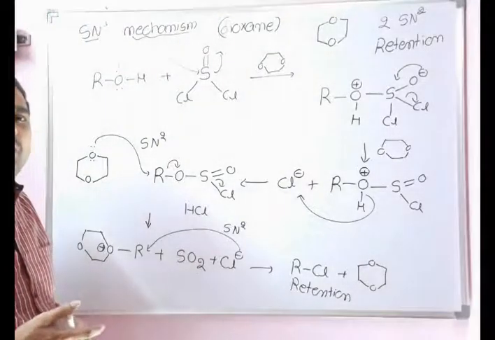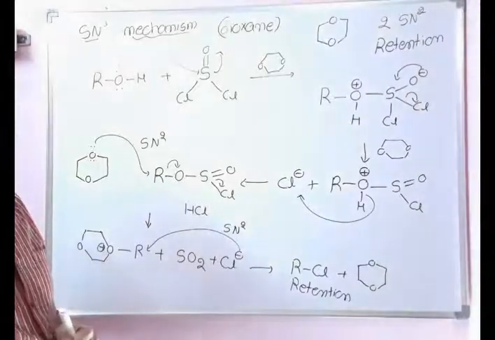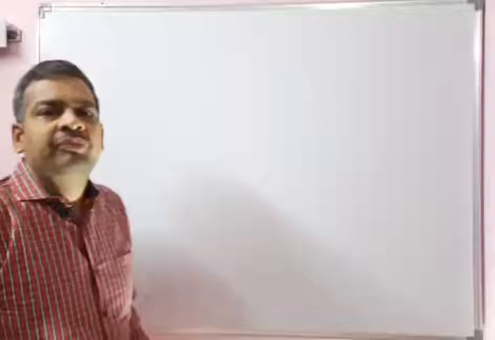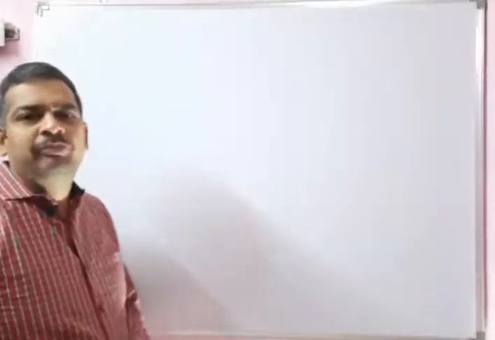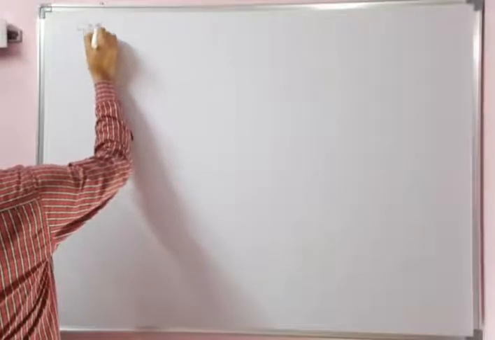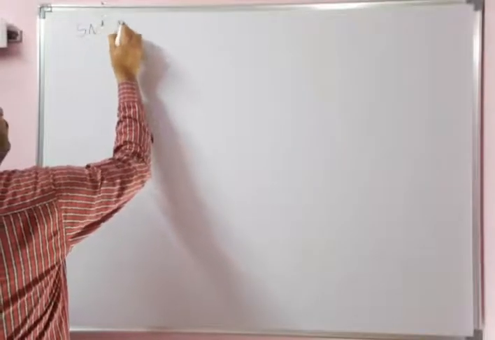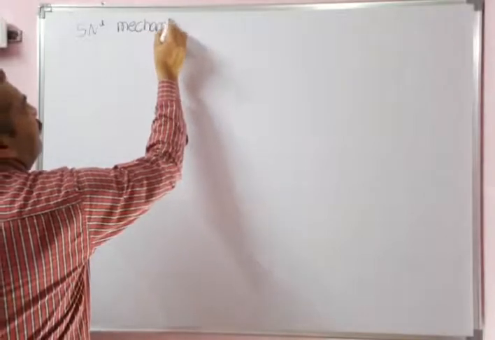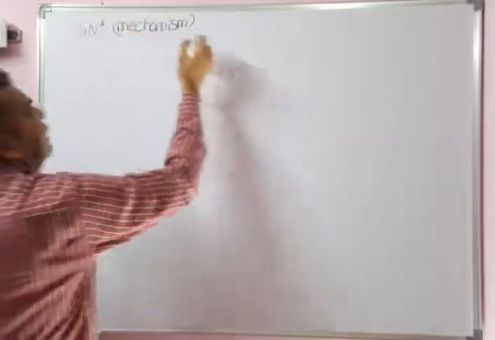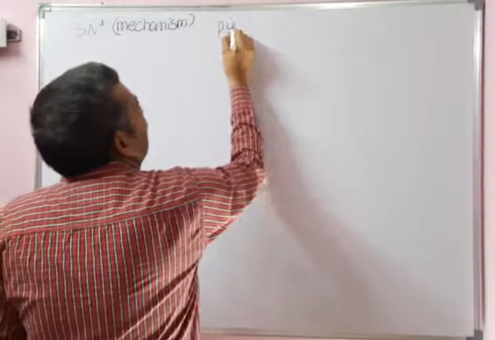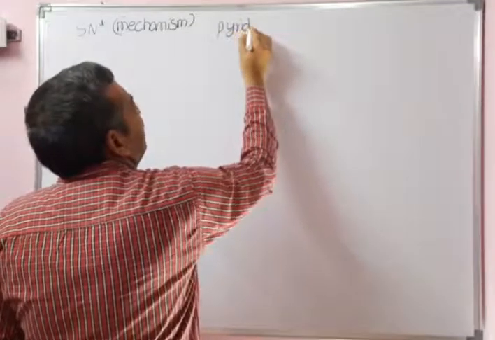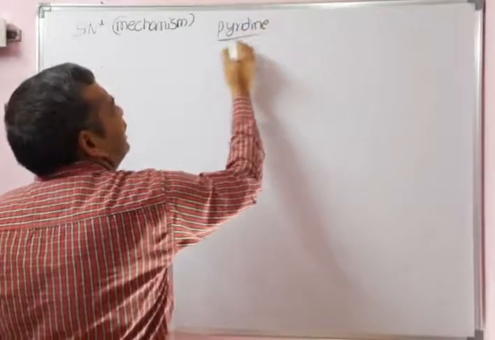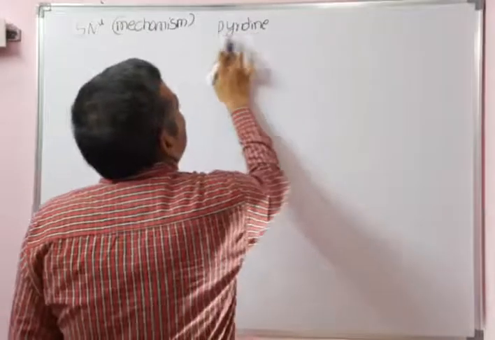Now we will discuss the mechanism in pyridine as a solvent. Clear? SNi mechanism, if you use pyridine as a solvent, the same reaction. We are discussing SNi reaction mechanism. If you take pyridine as a solvent in SNi reaction, so what is pyridine?